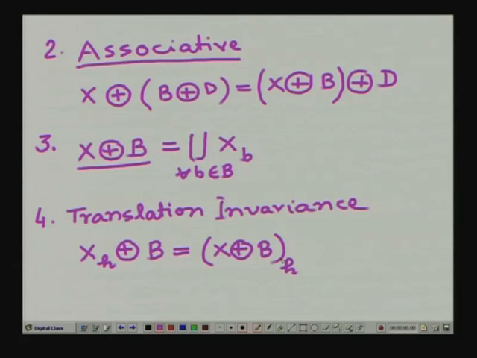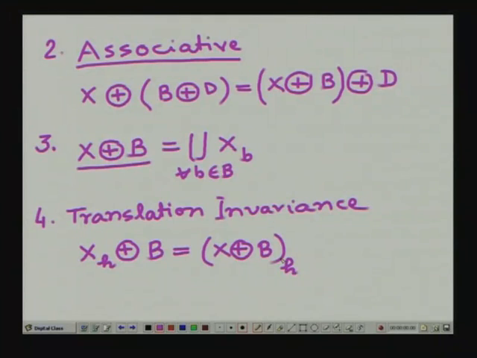So, whether I translate the given point set X first and then dilate with the structuring element capital B, or I first dilate X with capital B and then translate by the same vector h, the output remains the same. This is what is meant by translation invariance.